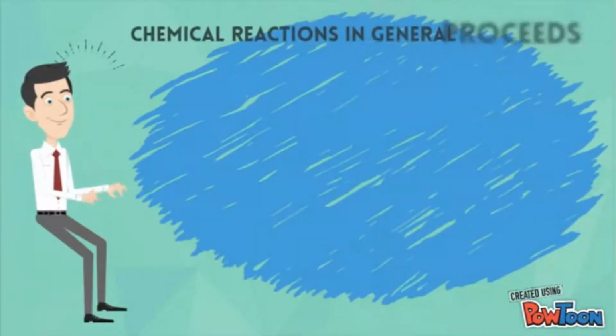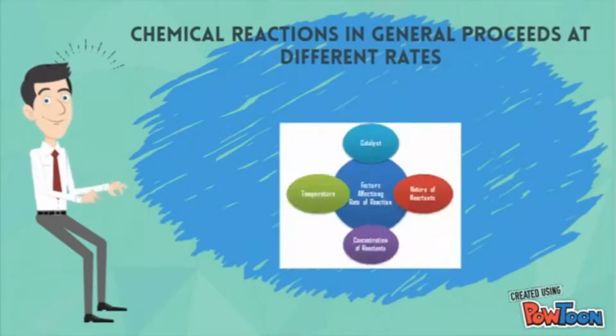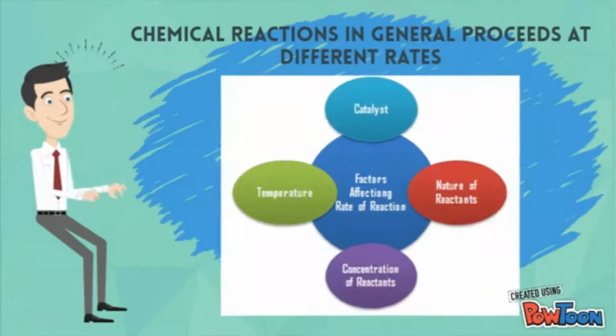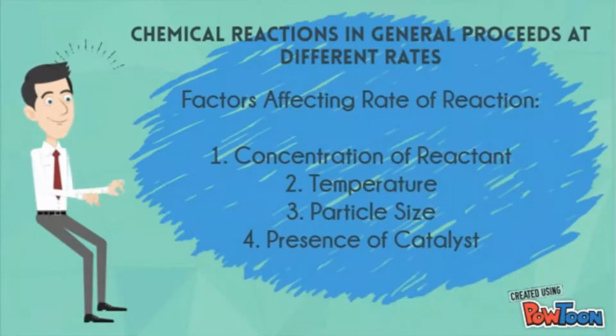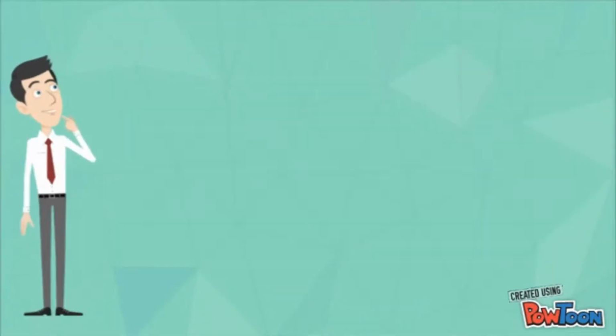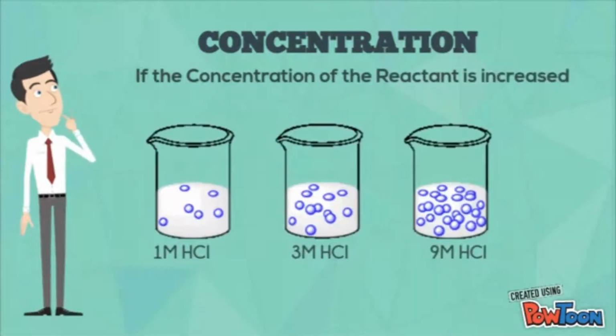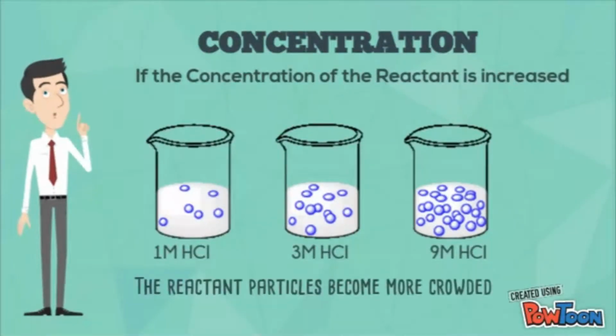Chemical reactions in general proceed at different rates. The difference in rates of reaction is caused by several factors such as concentration of reactant, temperature, particle size, and presence of catalyst. Let's start with concentration. If the concentration of a dissolved reactant is increased, the reactant particles become more crowded.